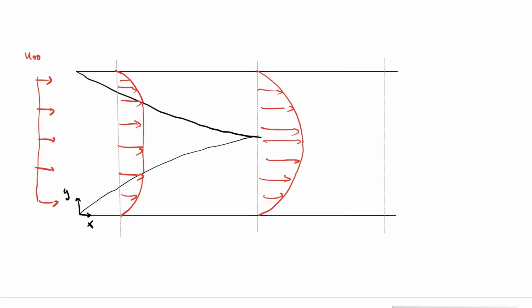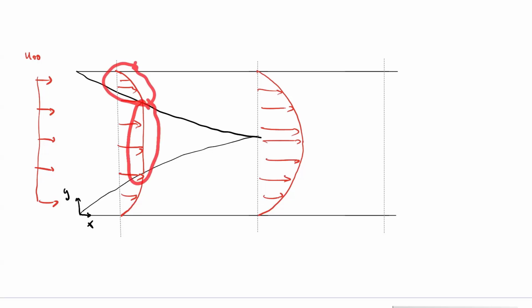And one thing I want to be a little bit careful about here. Our U infinity, we drew, maybe a bit exaggerated, but it's a uniform velocity coming in. But as we go along here, especially in this region, I'm losing velocity right near the wall. So in order for mass to be conserved, I actually have to increase velocity here.